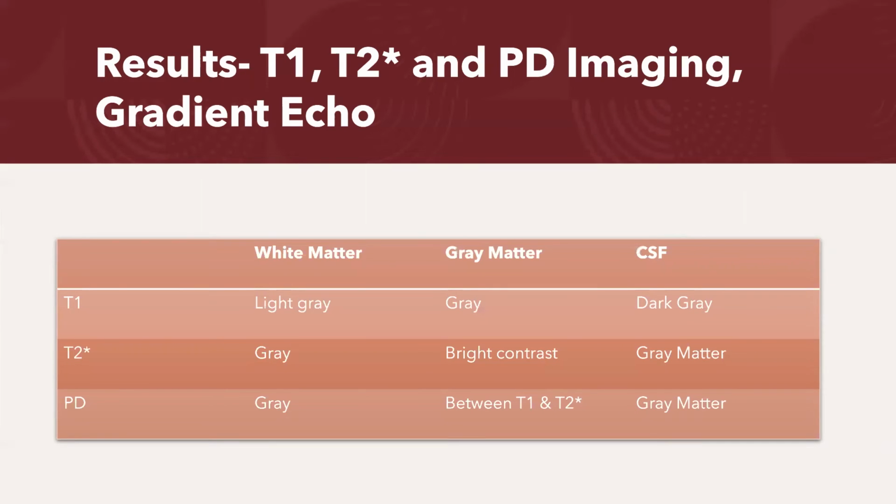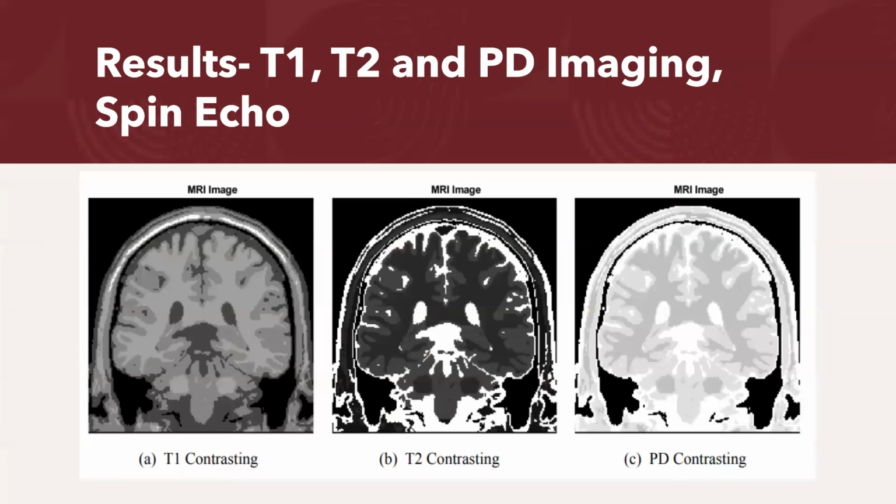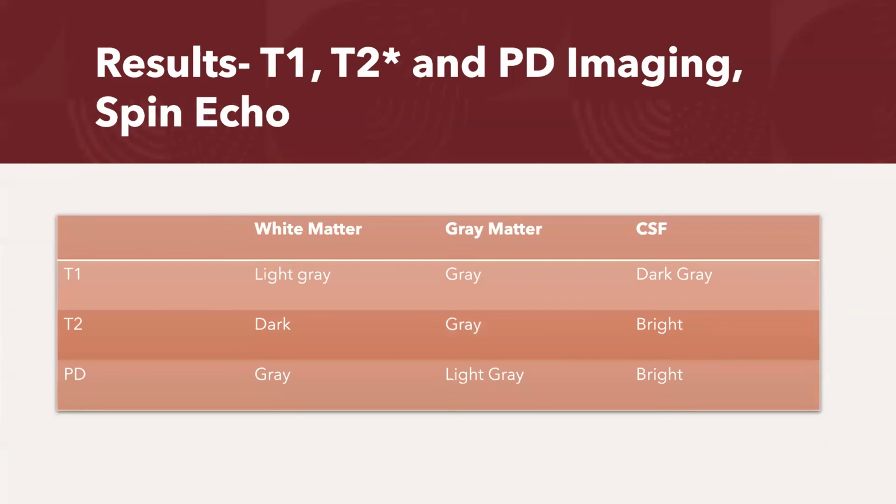In the table, you can see how T1, T2 star, and PD weighted images result in different coloration of the reconstructed images. For spin echo sequences, T1 contrasting is really similar to gradient echo, and the most significantly different one is T2 contrasting. The coloration is slightly different for spin echo than gradient echo, and the coloration differences can be seen in this table.